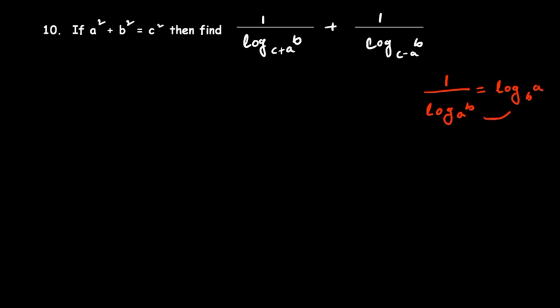Just observe the changes in this. That means 1 by log x base y, you get now log y base x. That means these two positions will be changed here, right?